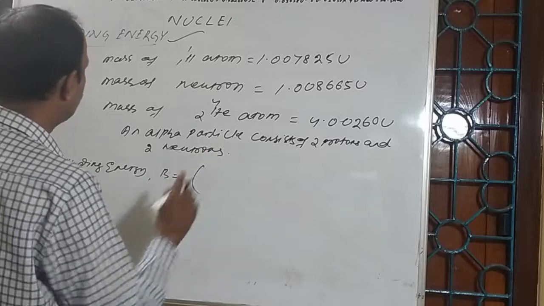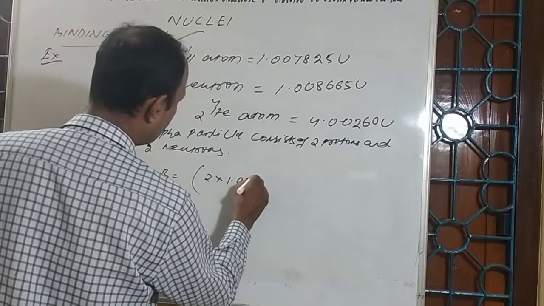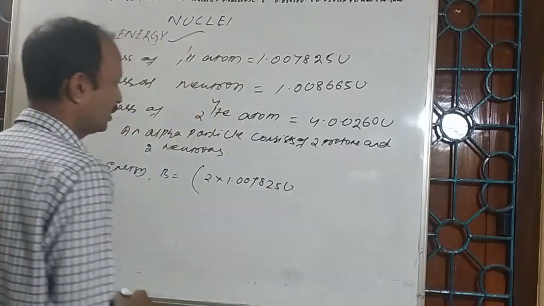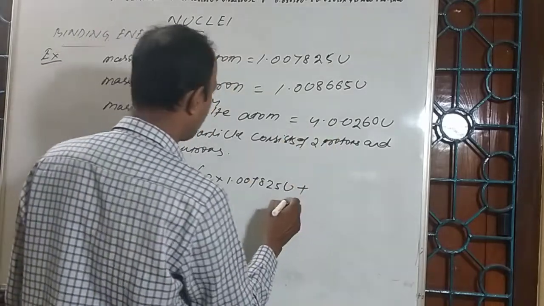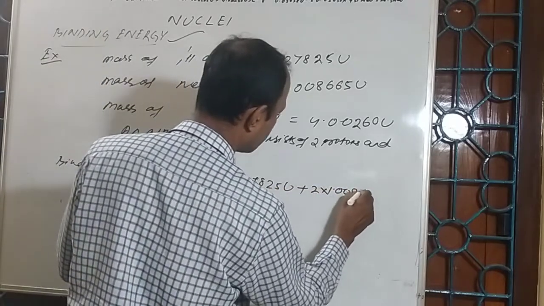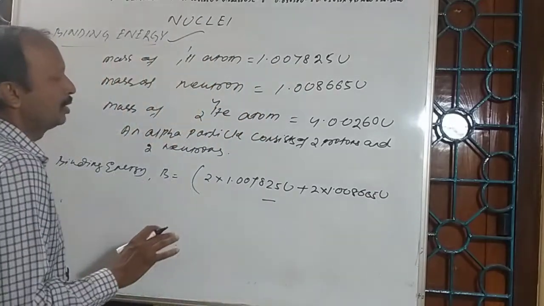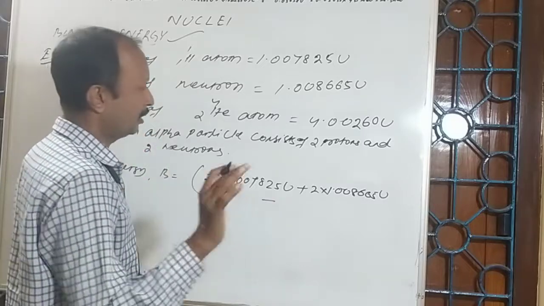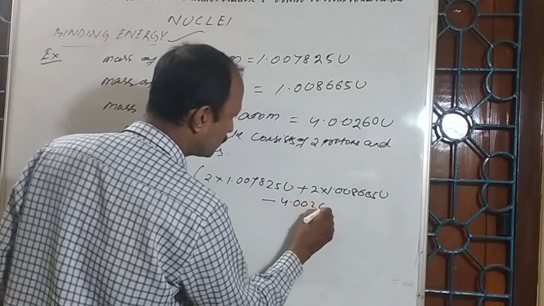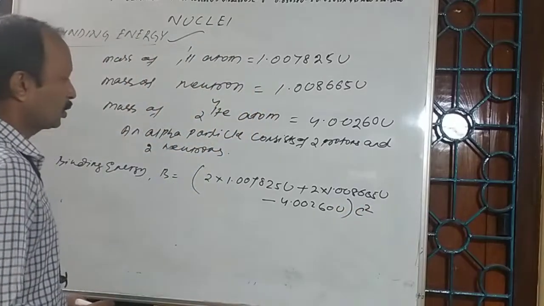Two protons and two neutrons. So I can say 2 into 1.00785 unified mass plus the mass of two neutrons, that is 2 into 1.008665 unified mass, minus the mass of the nucleus, that means the mass of the alpha particle, which is given as 4.00260 unified mass. This is for the mass; for the energy I have written C square.